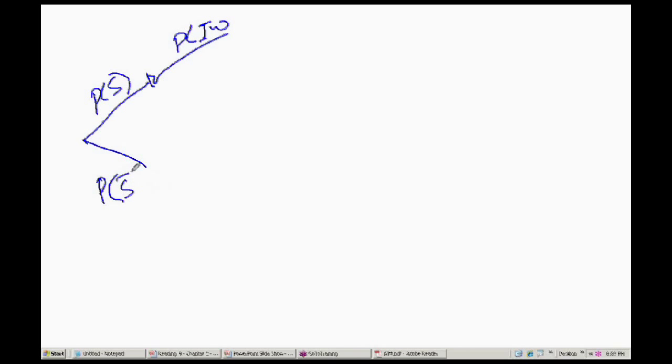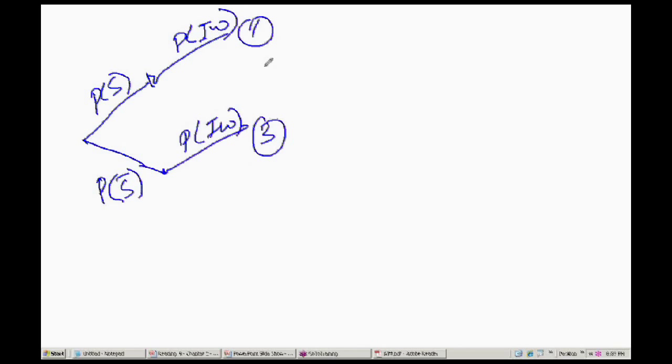I'll just draw the diagram fast. We had Sachin playing, India winning, Sachin not playing, and India winning. So we know that India is winning in node 1 and node 3.